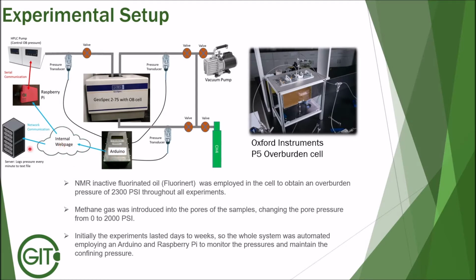The internal website is monitored via a server application, which logs the pressures every minute. In addition, because these experiments can sometimes last days or even longer, our Raspberry Pi computer also monitors the internal web page for the pressures, and it controls the confining pressure by turning an HPLC pump on or off depending if the pressure is too high or too low.